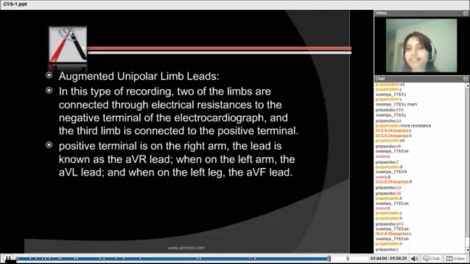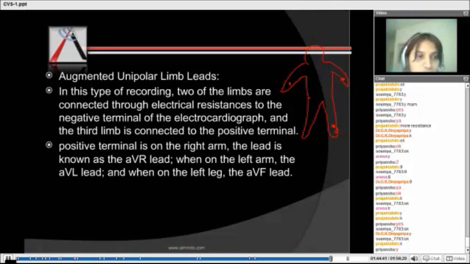In the first 3 leads, what we saw was one limb and another limb, left arm and right arm, as one lead. Herein, in augmented unipolar, I'll just draw the diagram. These were the 3 points.